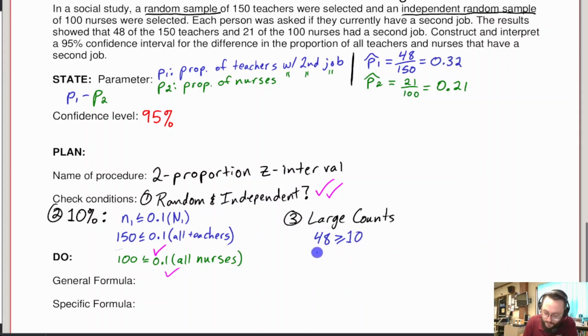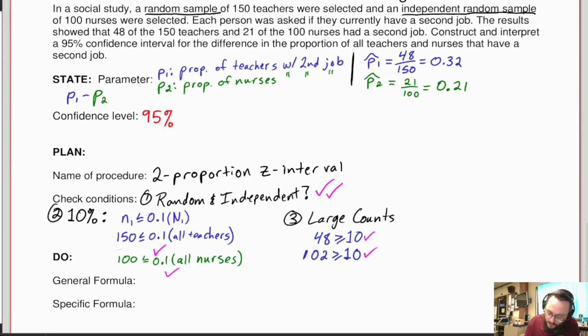Similarly, 102 is also bigger than 10, which would have been 150 times 1 minus 0.32. So 150 times 0.68 would get us 102. So those are good.